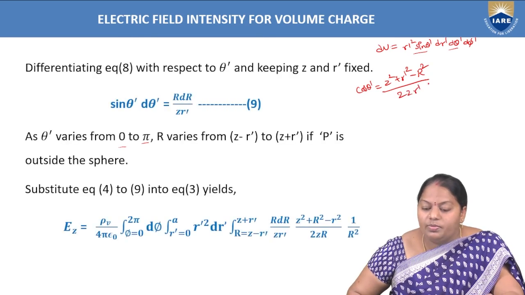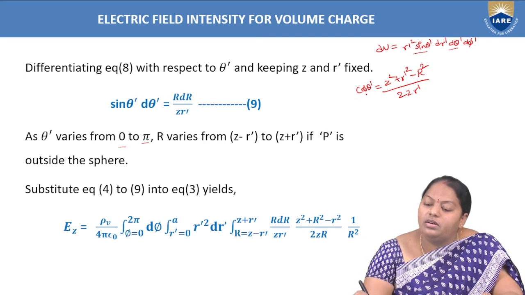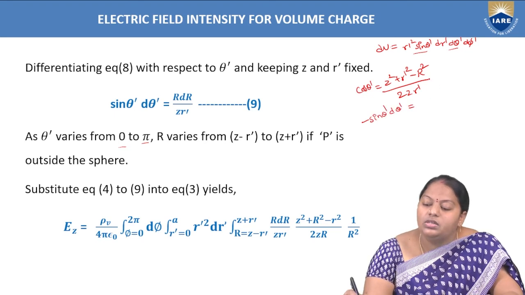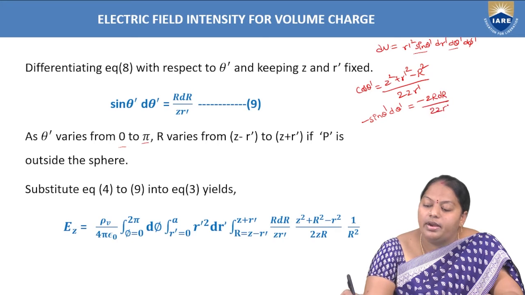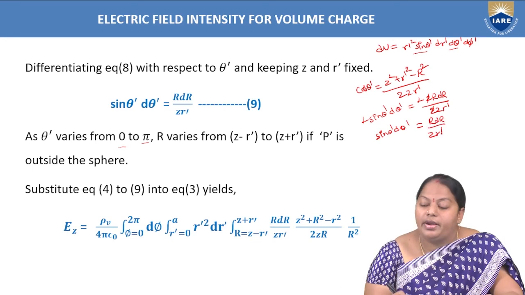Okay. So from this, differentiating with respect to theta, we get minus sin theta dash into d theta dash, which is equal to, here these two are treated as constants, hence this becomes minus 2R dR by 2z r dash. So 2 gets cancelled, minus minus gets cancelled. Then sin theta dash d theta dash is equal to R into dR by z into r dash.